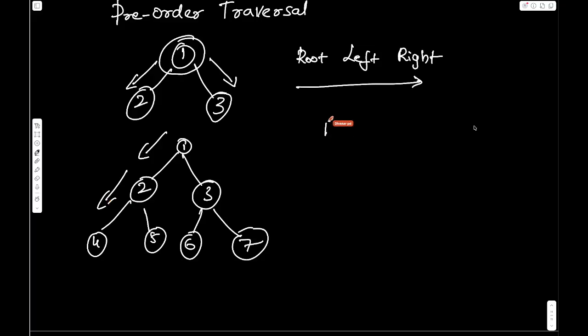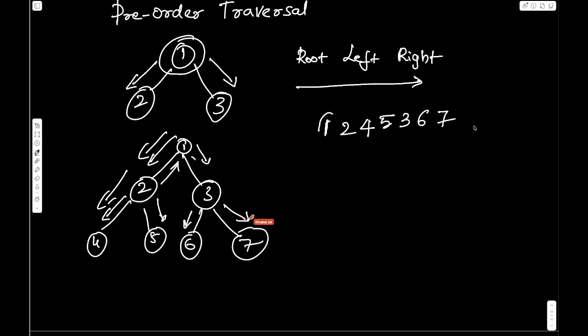So 1, and then what is the left of this? 2, and then again left of this, 4, then right of the second node, this is 5, and then right of this node, which is 3, left and right. I hope you understood. So basically, first root, then left, and again left, and then right. It comes back, then right, left, and then right. So this is how pre-order traversal works.